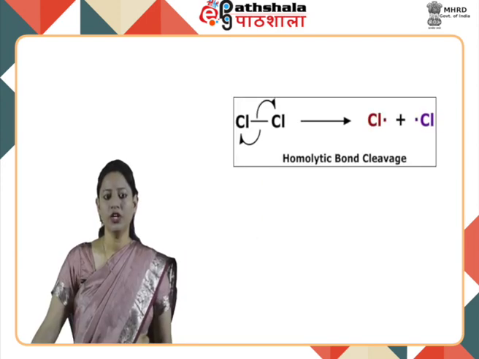A chlorine molecule has 2 electrons shared between the 2 chlorine atoms, and homolytic bond cleavage leads to the formation of 2 chlorine free radicals, each having one unpaired electron from the bond pair.